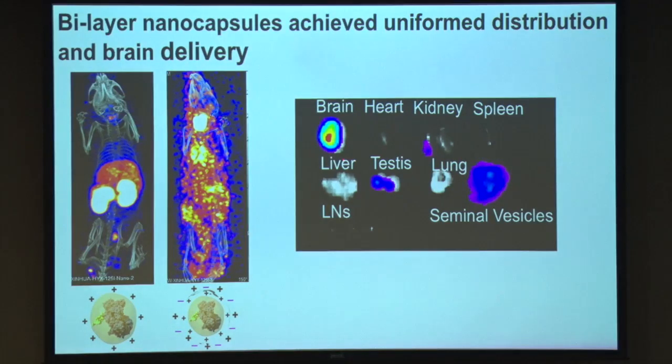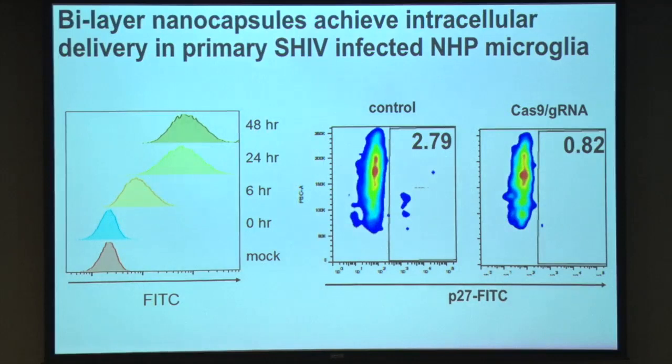We're also happy to see that this nanocapsule still keeps good brain delivery, so we can still see good intensity in the brain. We also confirmed this nanocapsule can get into the cells. It takes longer, which is reasonable because they need to take off the outside layer. So it takes some time to transduce the cells well, but if we wait long enough, it still can carry out gene editing in the infected primary microglia cells.